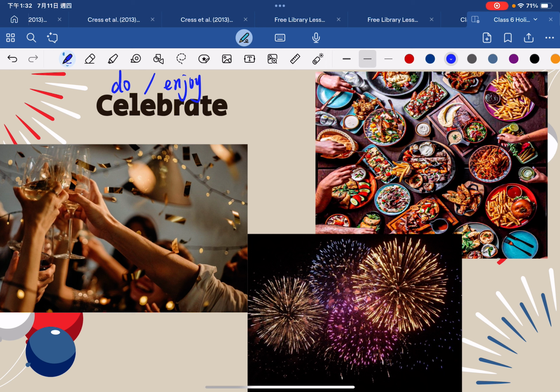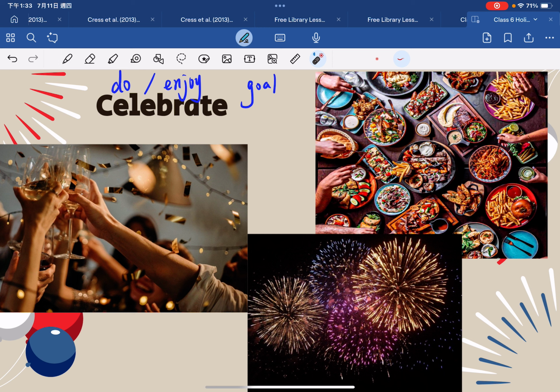What else can you celebrate? You can also celebrate your birthday, or you can celebrate a goal or a small achievement. For example, on the left, we have a group of people having champagne together. They are celebrating maybe something special.